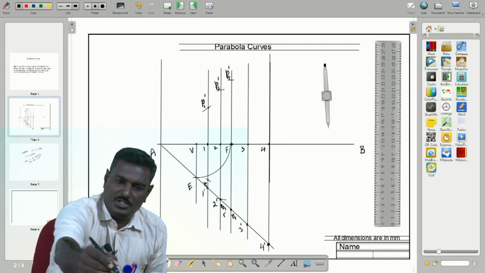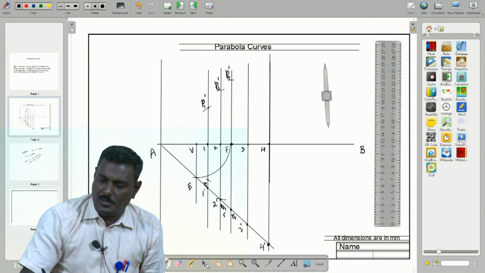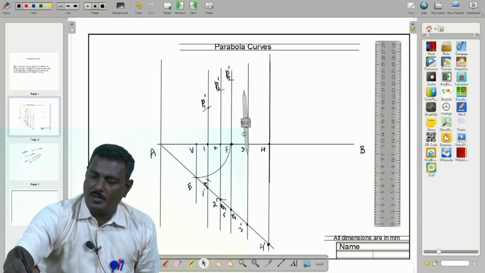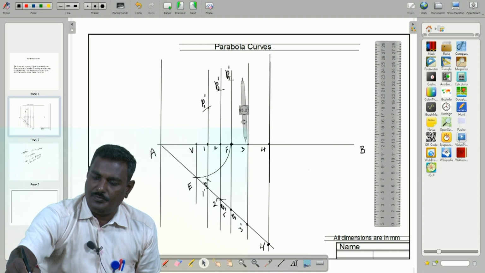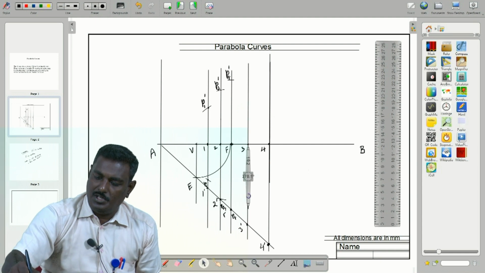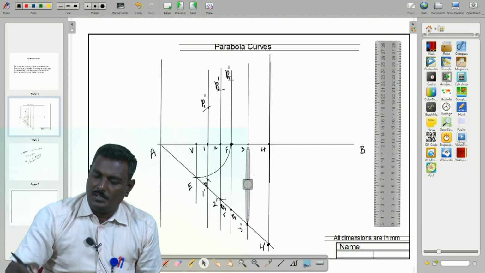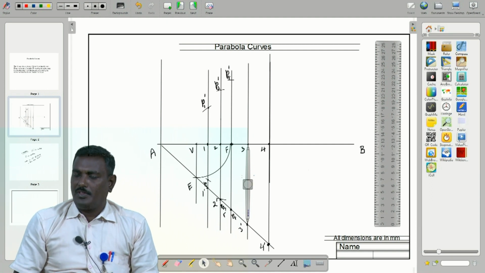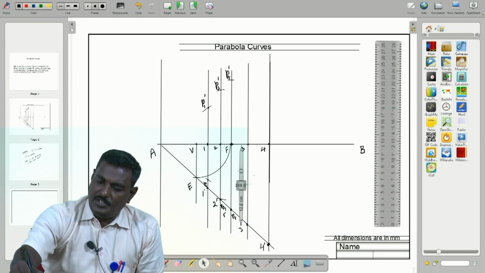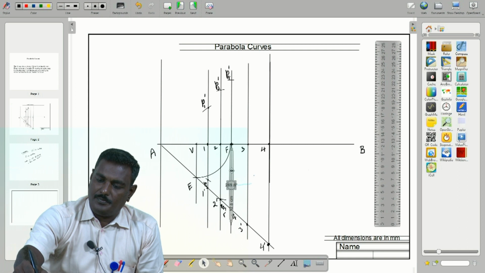In similar fashion for points 3 and 4. Now we have to measure 3 dash as radius, F as center.